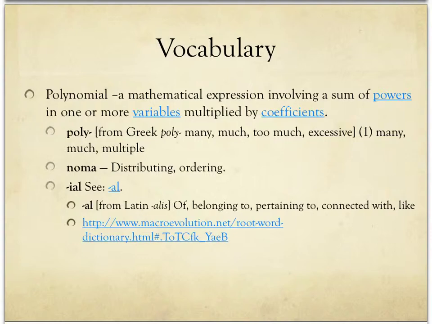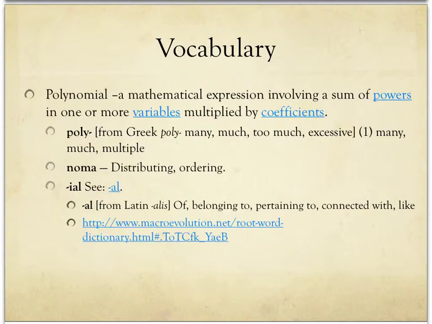So let's begin by talking about what a polynomial is. And you've probably already seen polynomials and just did not know the correct terms for them. But a polynomial is a mathematical expression involving a sum of powers in one or more variables that are multiplied by coefficients. Now this is a pretty technical definition, but if we break it down, here's how we can remember it.